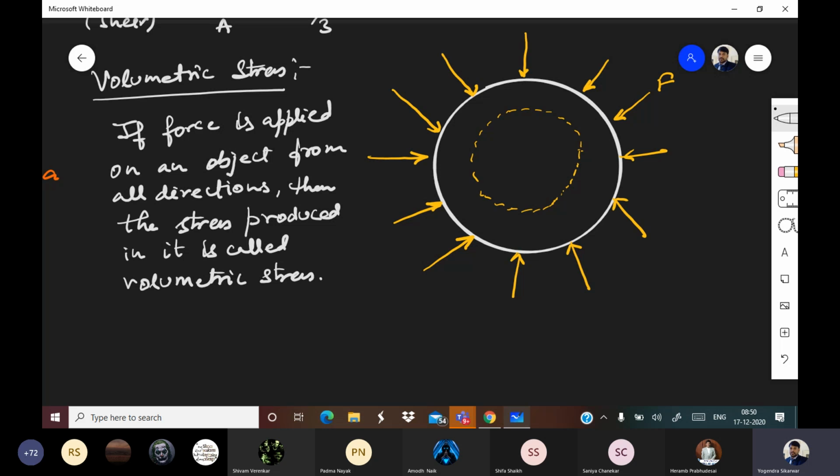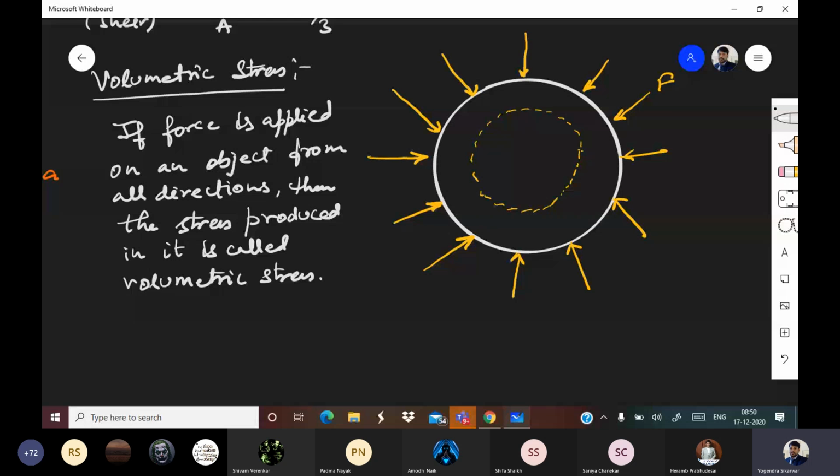Suppose you hit it in the back. The only part where the stick is touching the person will get deformed, only that part, not the entire body. So here also you are unable to produce volumetric stress because that was a localized thing at some particular point where you have hit.